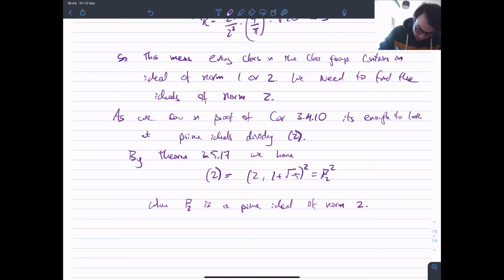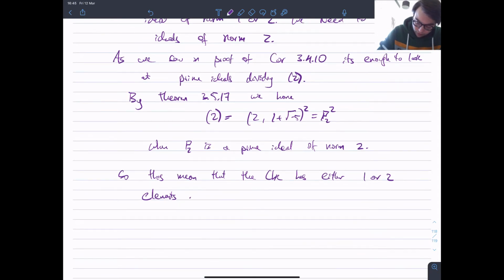So what does this mean? This means that the class group has either 1 or 2 elements. Either the class group of K is just the trivial element, or the class group has the identity and this ideal of norm 2.